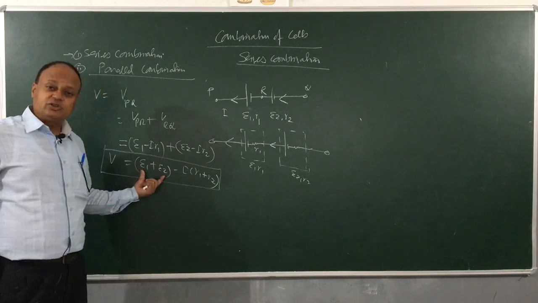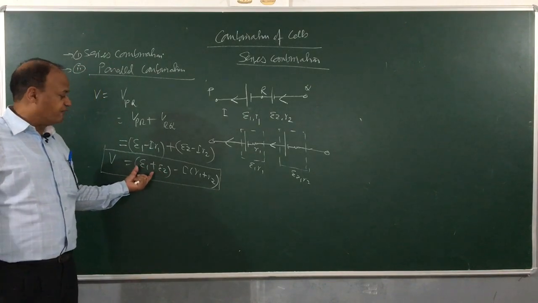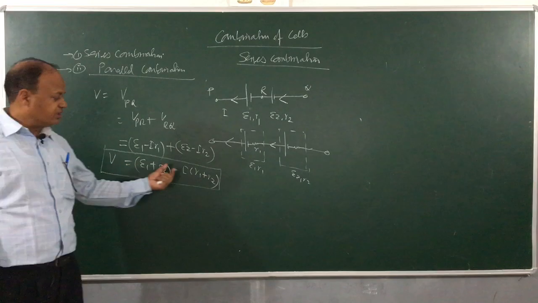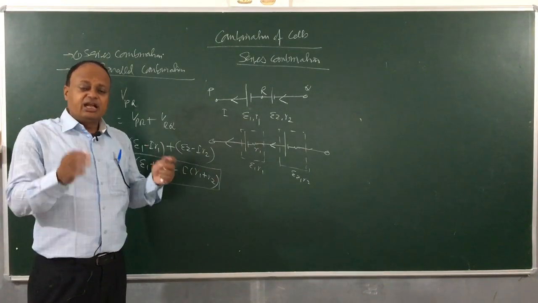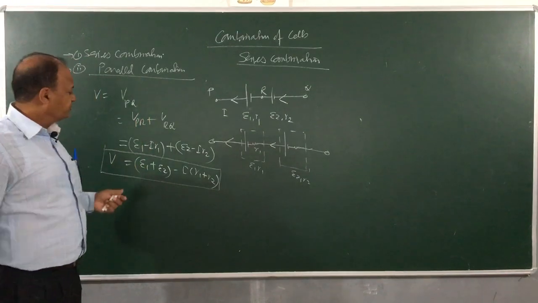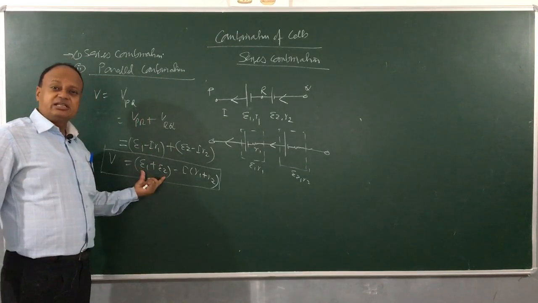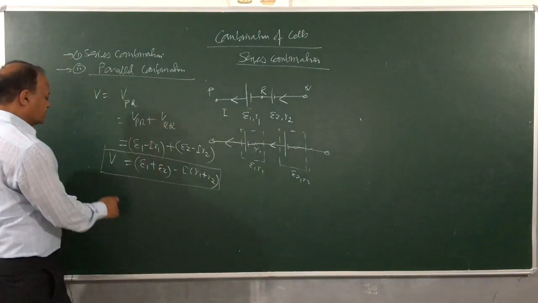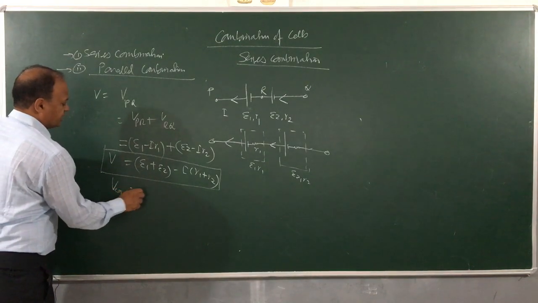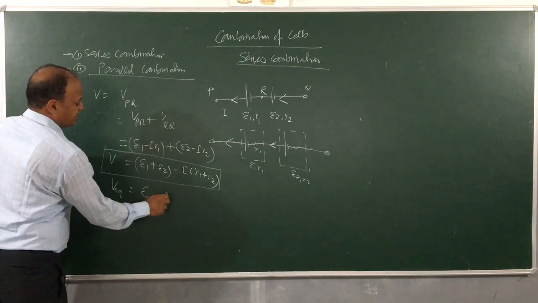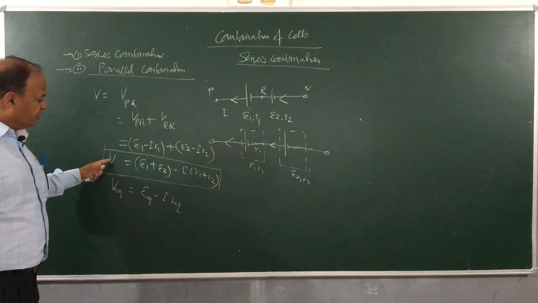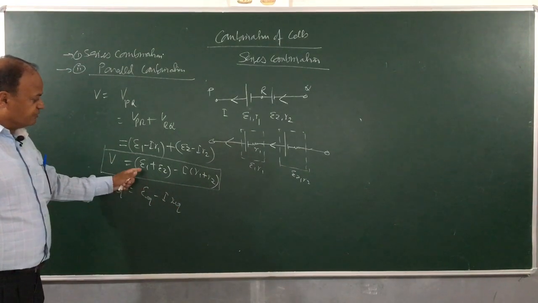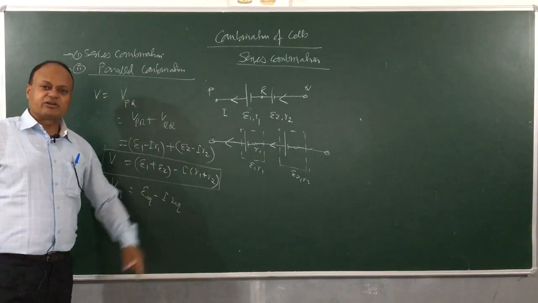Now what is E1 plus E2? This is actually the equivalent EMF. And what is R1 plus R2? That is equivalent internal resistance, meaning when I am putting two cells in series, then this will be the equivalent EMF. We can also calculate like this, V equivalent is E equivalent minus I R equivalent. Yes, if I combine, then V equivalent is V, E equivalent is E1 plus E2, and R equivalent is R1 plus R2.